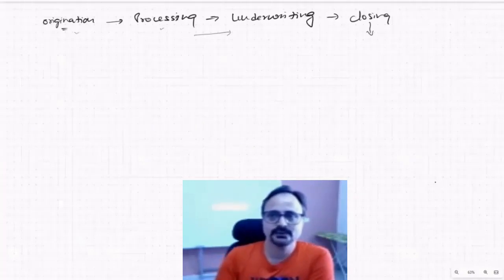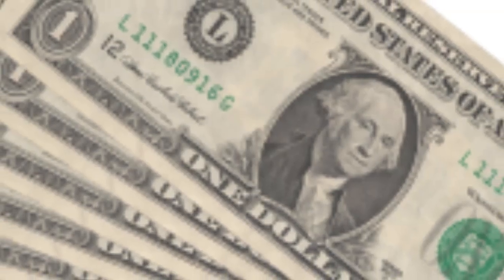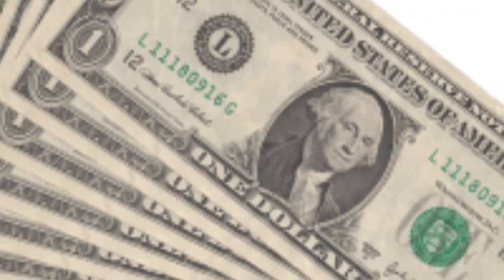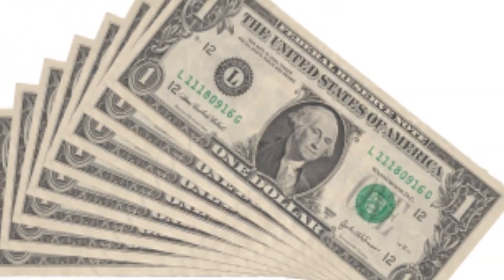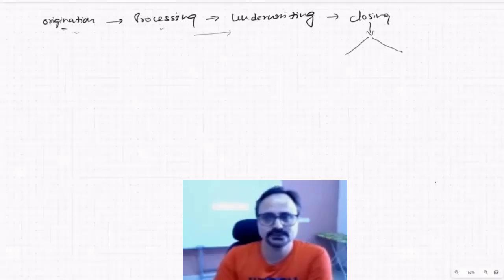What will happen now? The party is going to ask for the money, the funds. Where are the funds? Funds will be disbursed on two bases. One is going to be dry funding, and the other type of funding is wet funding.